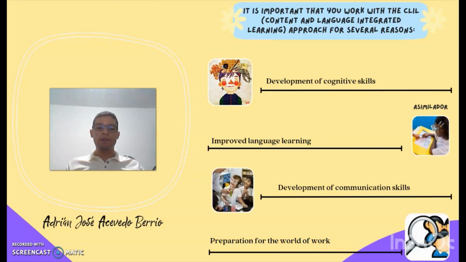Now, we can see the improved language learning and development of communication skills. And why? Why are those reflected as approaches and reasons to use CLIL in the class? Well, as we have been understanding in the example I gave you before, if a student wants to communicate a doubt or an inquiry or wants to say an utterance, the student will need to use the foreign language which is used in the class.